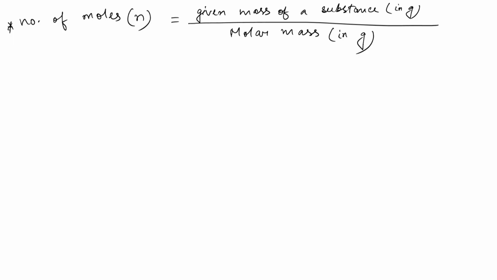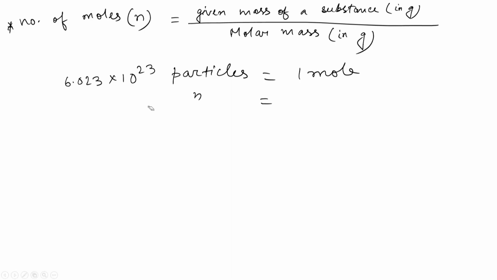Also, we can say that 6.023 into 10 to the power 23 particles is equal to 1 mole. So, 1 particle is 1 by Na moles, where this number is Na, right?